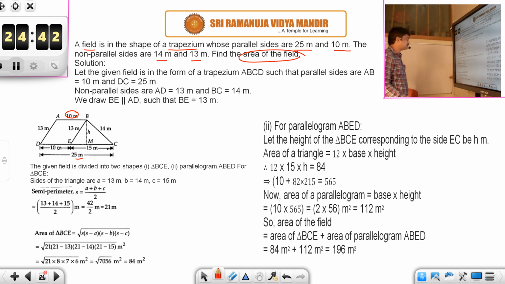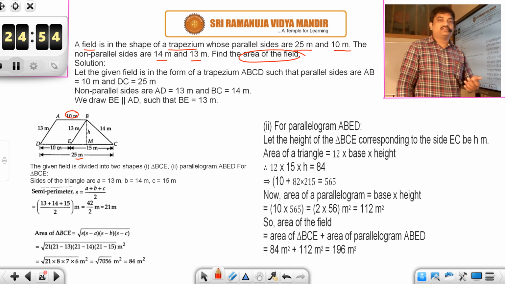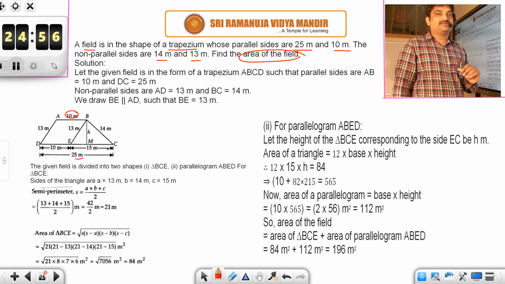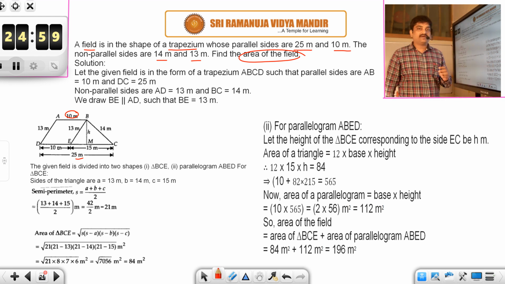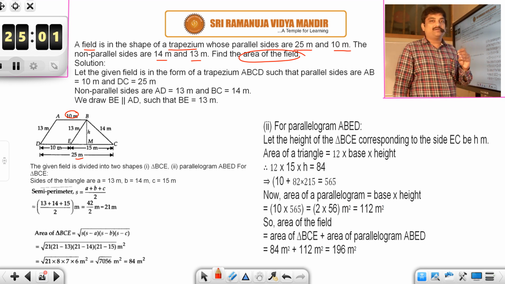So what you will do is, you need to find the area of the trapezium, isn't it? How to find the area of the trapezium? See, if we know the height of the trapezium, we know how to find the area of the trapezium, right? Area of the trapezium is given by half h into a plus b.